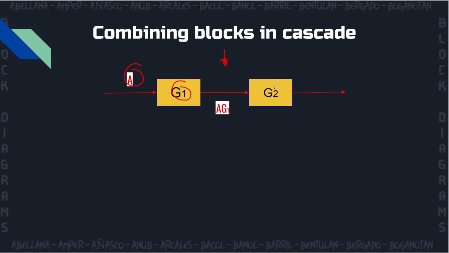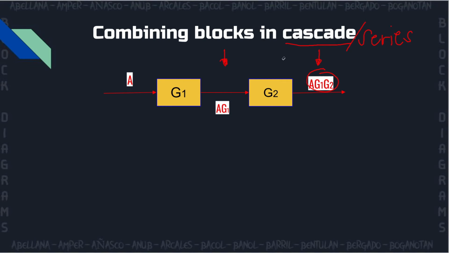So now we will go to the next transfer function. The input of transfer function G2 is AG1, and to determine the output, all we need to do is to multiply both of them. So the output would now be AG1G2.